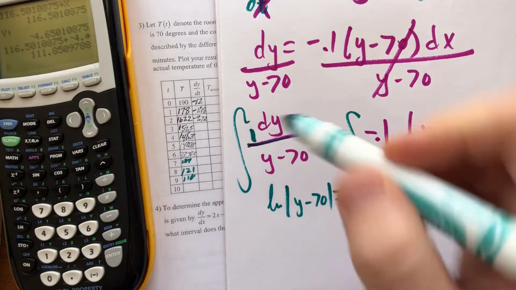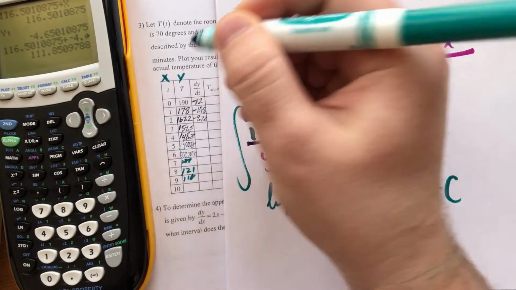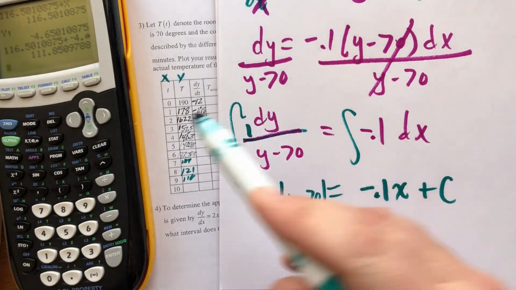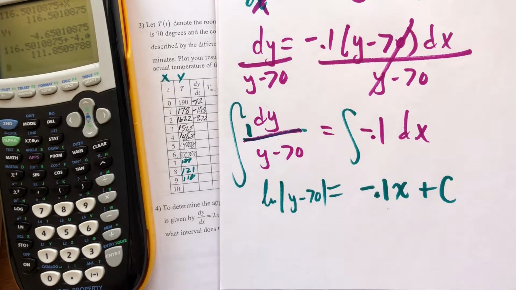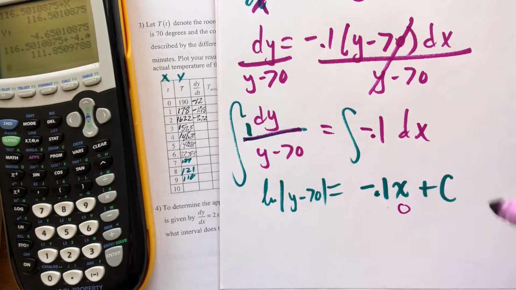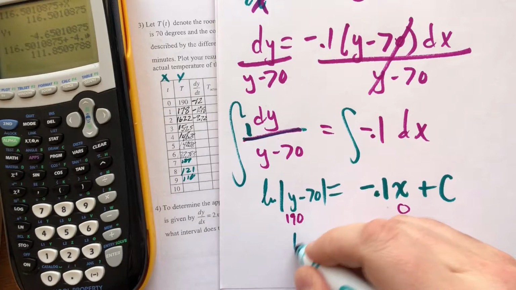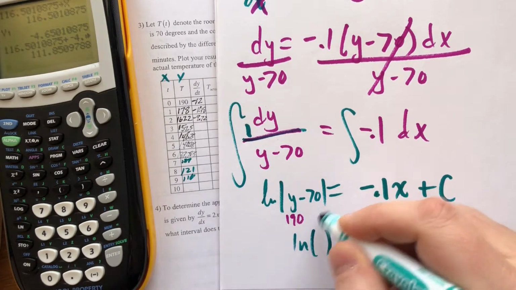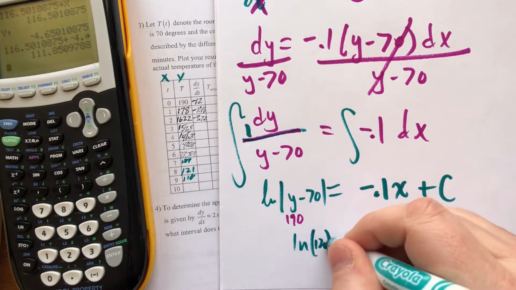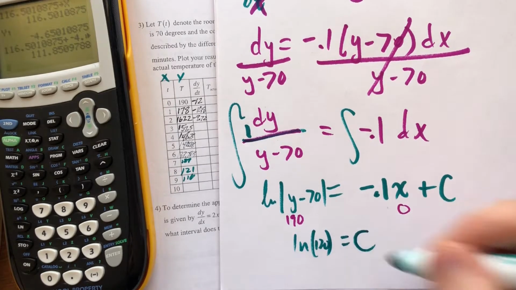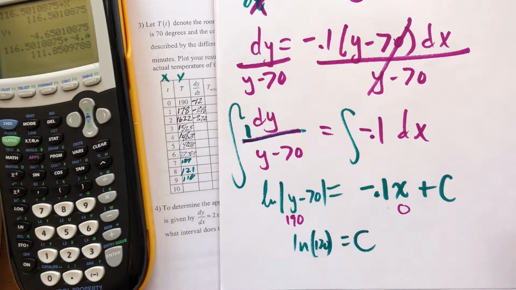And here's the thing. We know, well, this was like x and this was like y. We know when x was 0, y was 190. So what happens when I plug in 0 here and 190 here? I get ln of 190 minus 70, 120, and then I get c. Oh, c is equal to ln of 120.